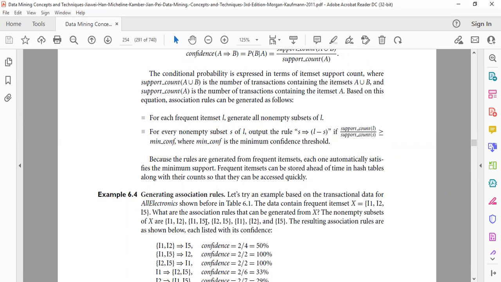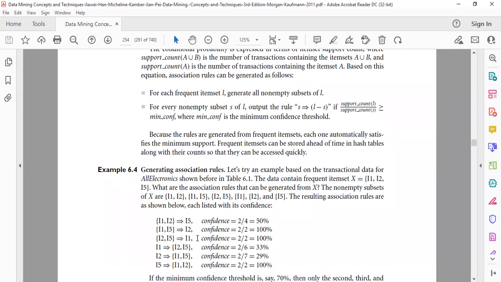Then the other subset is I1, I5. So the remaining L minus S is I2. In a similar fashion, I write all these rules. Now, in order to write the confidence value, I will find the support count of L divided by support count of S, as the formula says. So the support count of L means the frequent item set L. As we have seen, the frequent item set was I1, I2, I5.